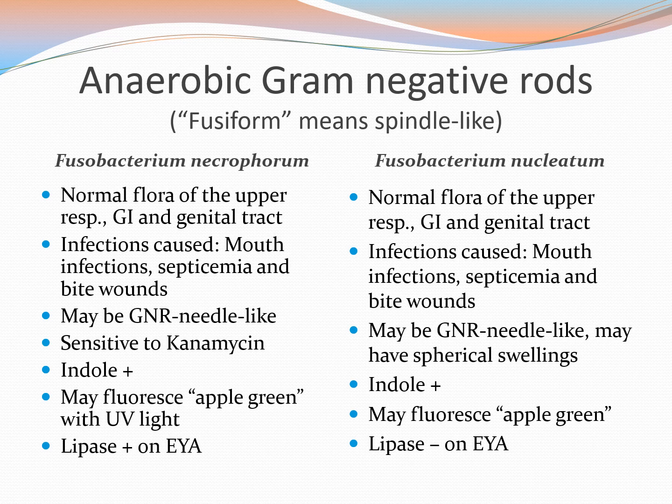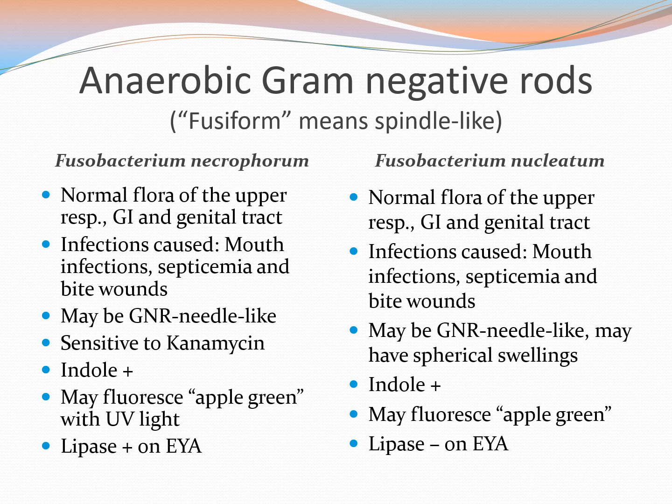Fusobacterium necrophorum are normal flora of the upper respiratory tract, GI tract, and genital tract. They may cause mouth infections, septicemia, and bite wound infections as well. They may be needle-like gram-negative rods, and they are going to be sensitive to kanamycin. They're indole positive, and they will fluoresce apple green with UV light as opposed to brick red. They are lipase positive on egg yolk agar.